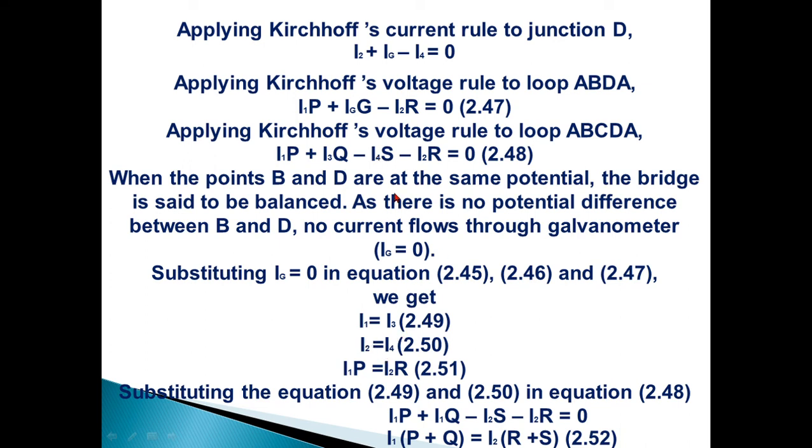Remove the common term. Removing I1 from this equation, I1 into P plus Q is equal to I2 into R plus S.